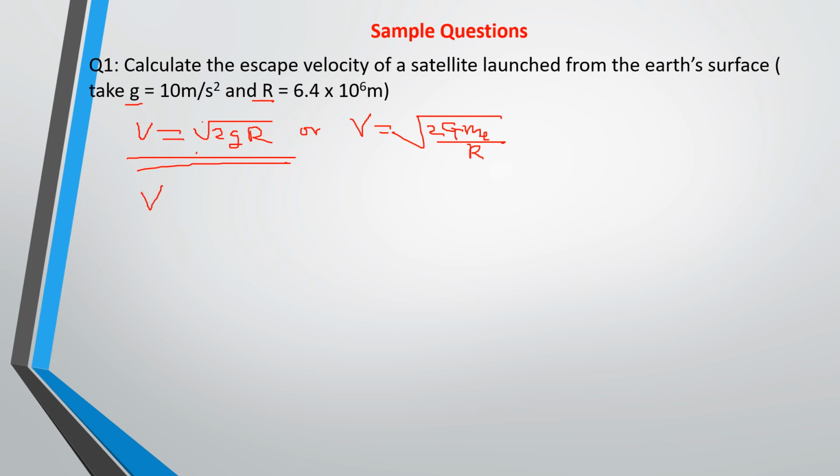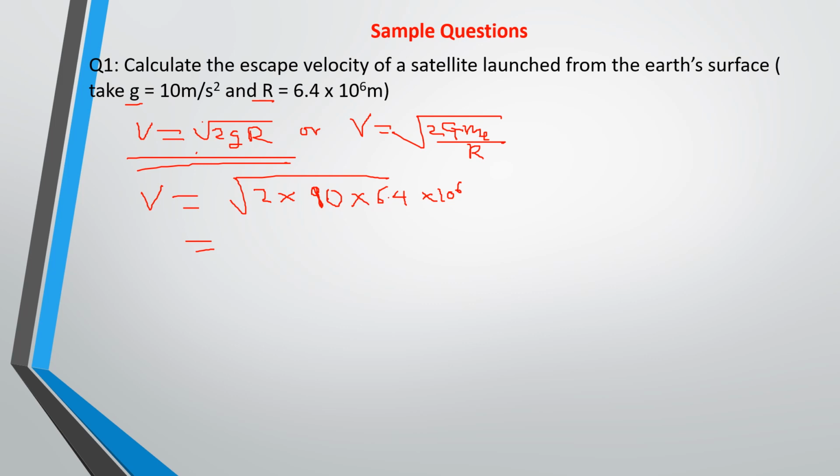So substitute into that equation: v is equal to the square root of 2 multiplied by 10 multiplied by 6.4 times 10 raised to power 6.